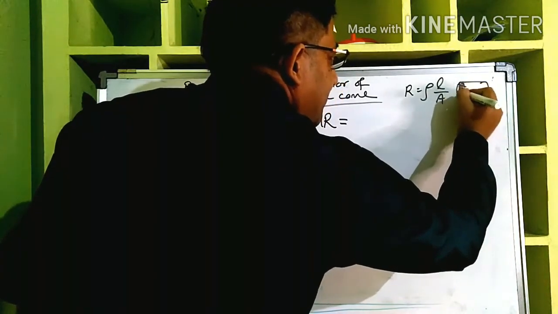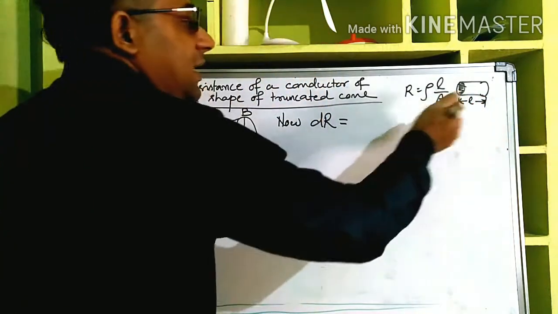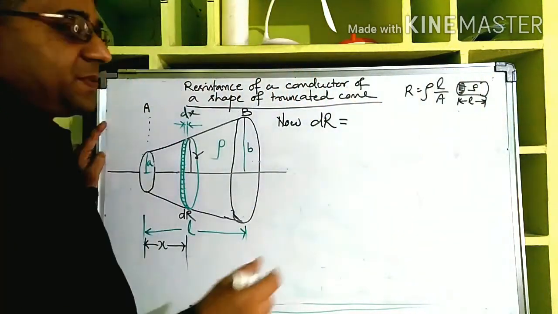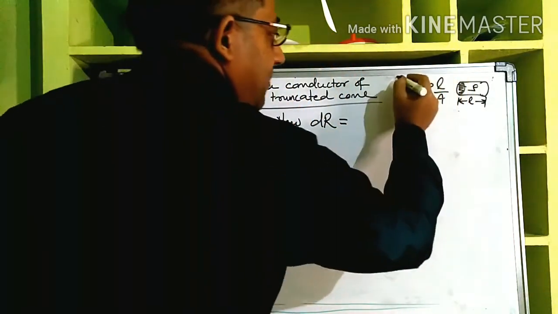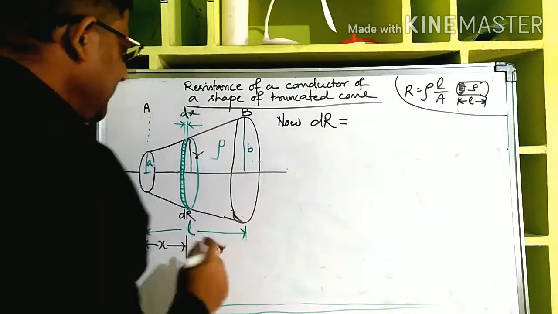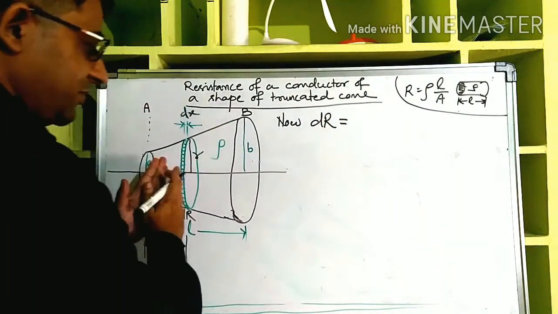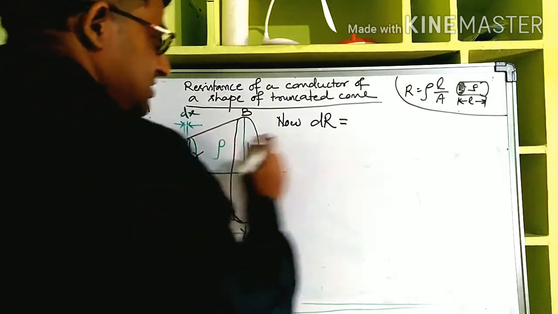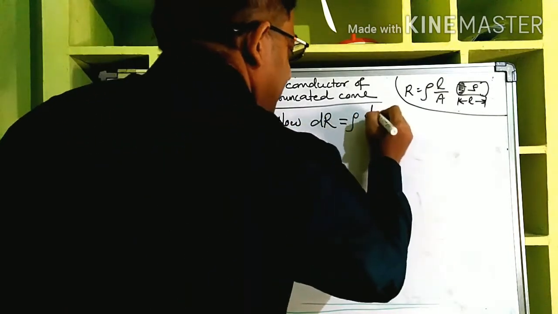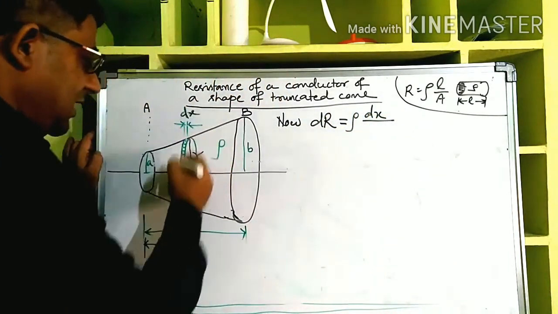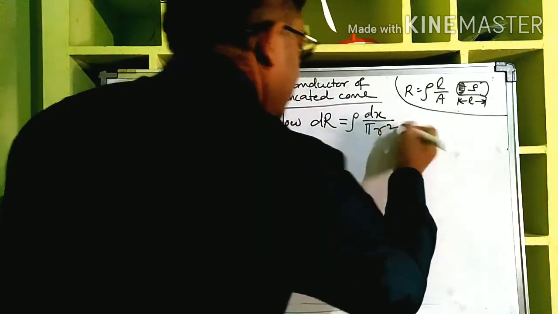If A is the area of cross section and L is the length of the conductor, and rho is the specific resistance of the material, then rho L by A is the resistance. So applying this, we write dr of this particular disc: rho is the specific resistance, which is the same throughout. For length it is dx, and the area of this is pi r square, right?